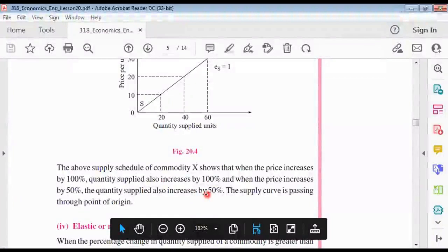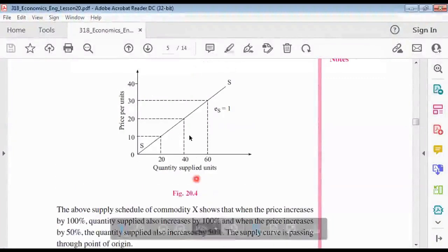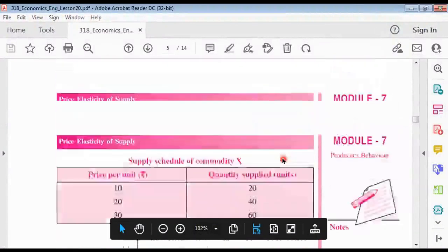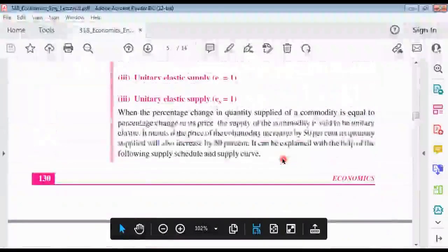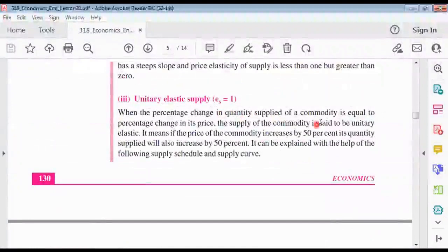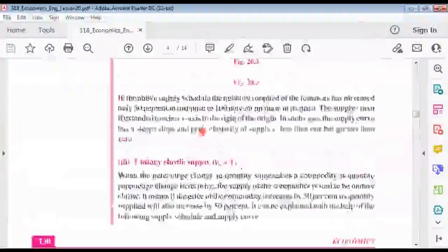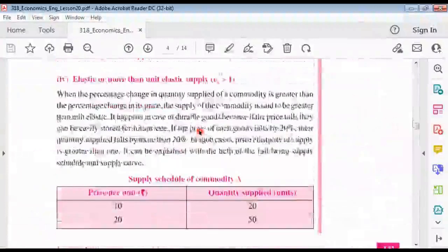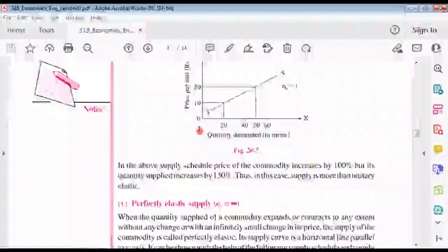So 50% by 50%, 1. So this is how it is unit elastic. And the meaning: when the percentage change in quantity supplied of a commodity is equal to the percentage change in its price, the supply of a commodity is said to be unitary elastic. So that's exactly it. The other one, I've already explained, greater than 1.